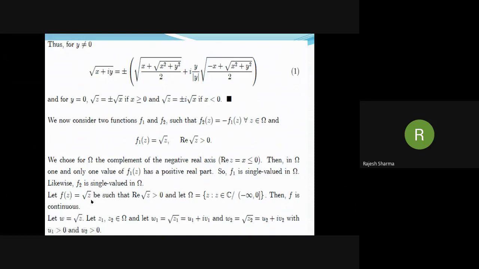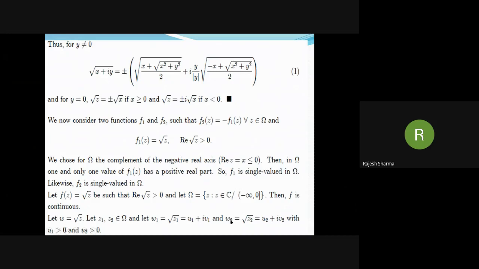Let f(z) is equal to root z, such that the real part of root z is positive, and omega is the set of all complex numbers except the negative real axis. Then we have to show that f is continuous. We write w is equal to root z and let z1, z2 be any 2 points in omega. Then w1 is equal to root z1 is equal to u1 plus iota v1, where u1 is strictly greater than 0.